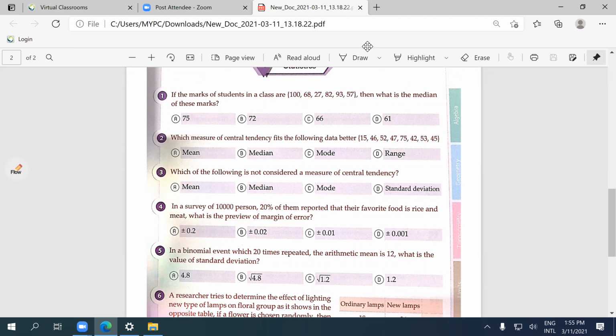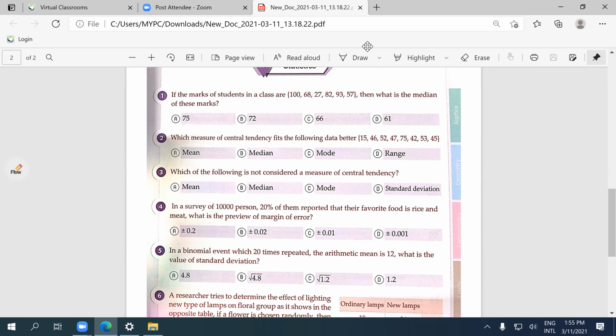Okay, Khalid Al-Harbi. Number one: if the marks of students in a class are 168, 27, 82, 93, 57, then what is the median of these marks? The median is the middle number.